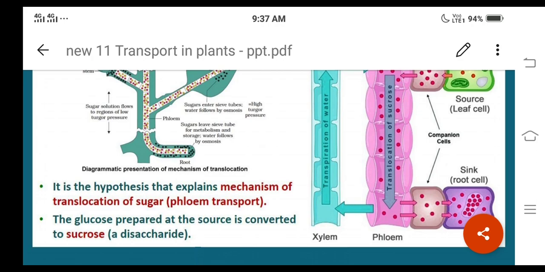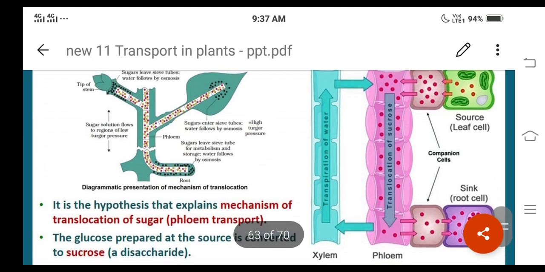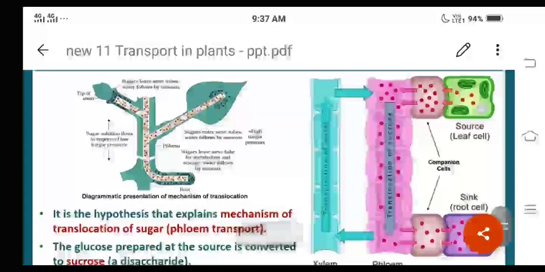In xylem it is the transportation of water, and here companion cells are there, and here what is labeled is the source. Source means the leaf cell where the food is manufactured.